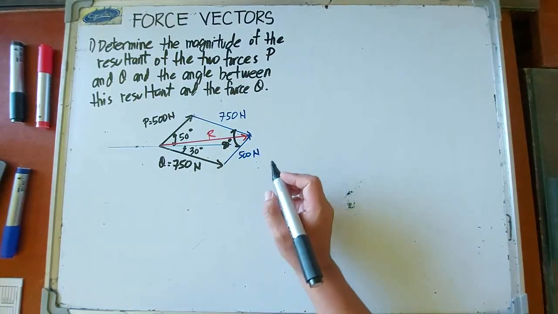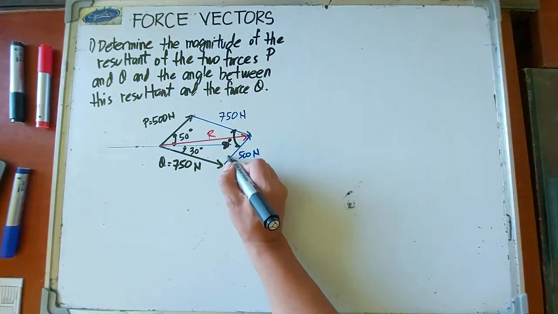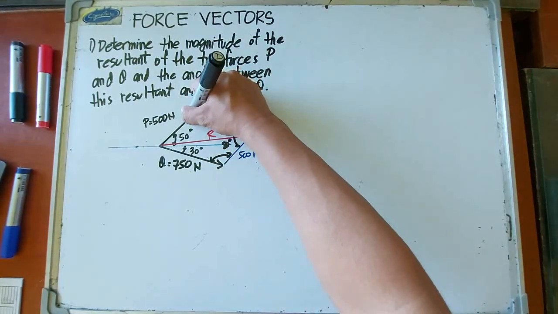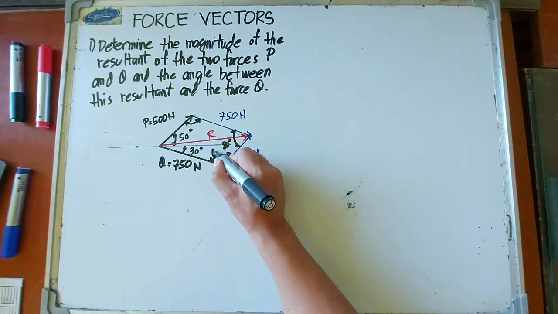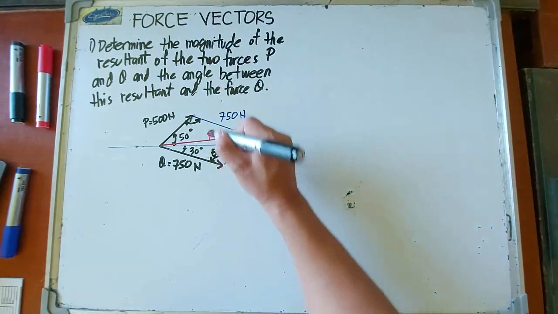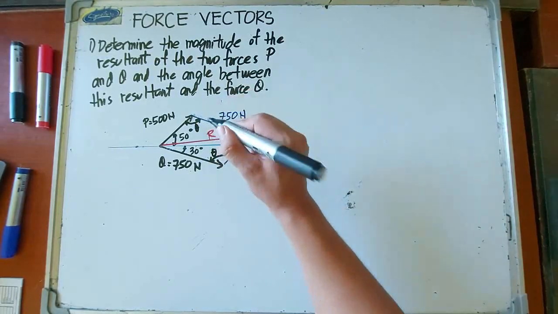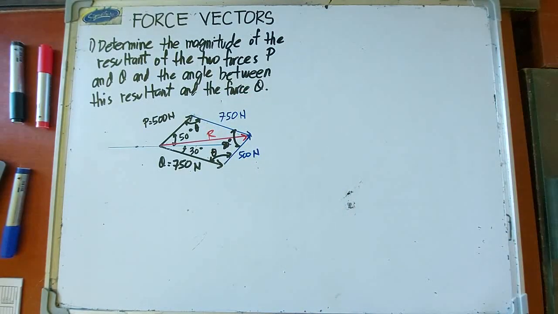So to solve for this angle, isolve natin tong angle na to. Let's say angle theta. If this is angle theta, this is also angle theta since we are dealing with a parallelogram. So to solve for angle theta, total interior angle ng parallelogram ay 360.